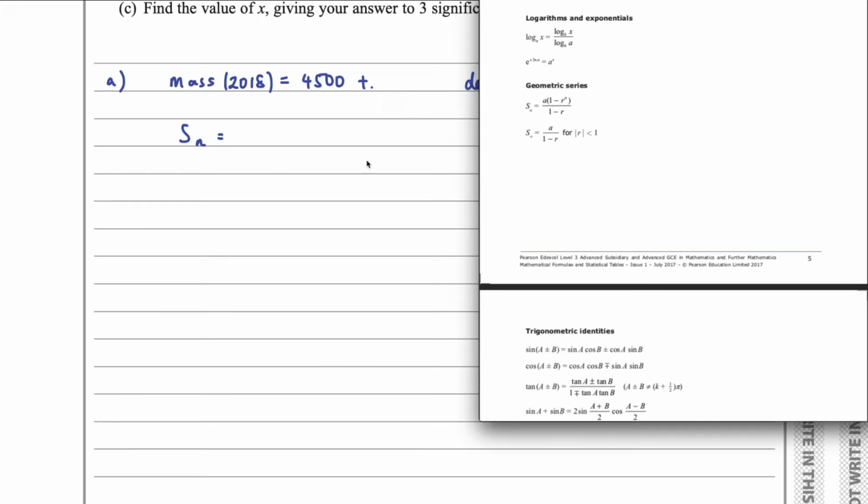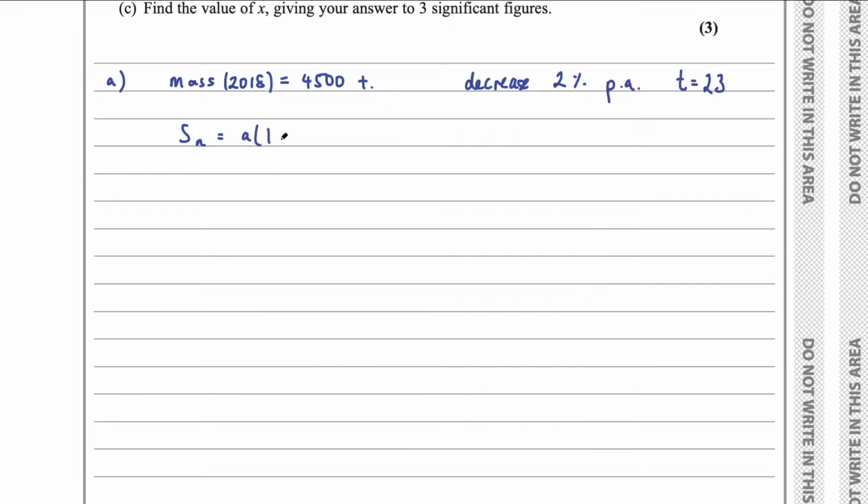So let's go ahead and write that down. So A multiplied by 1 take R to the power n all over 1 take R, where R is the ratio between each term. In other words, what you're multiplying by. So as we said, that's 0.98 to decrease by 2% per year. Then our A is our initial amount, and we have to plug all of those in.